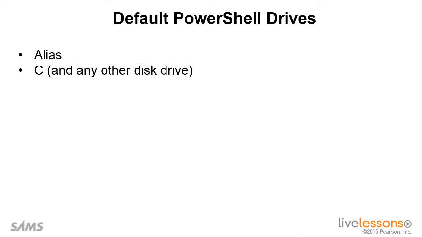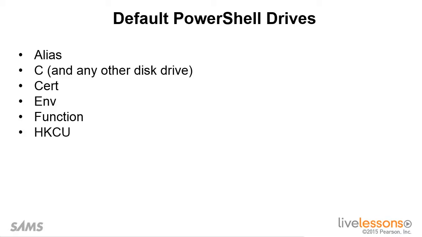This will give you access to the file system drives that are available on your computer. The cert drive. This is going to give you access to browse the certificate store of the current user and local machine. Env. This is going to list all of the environmental variables on your computer system. Function. This is going to show all functions available in the PowerShell session.